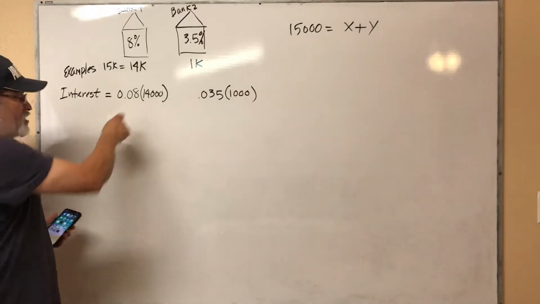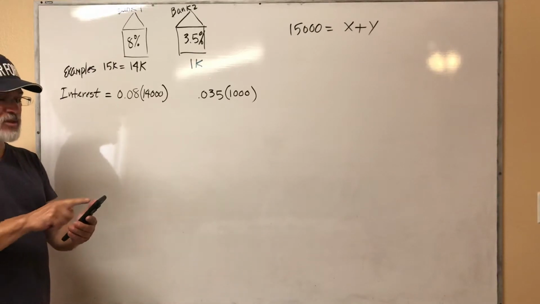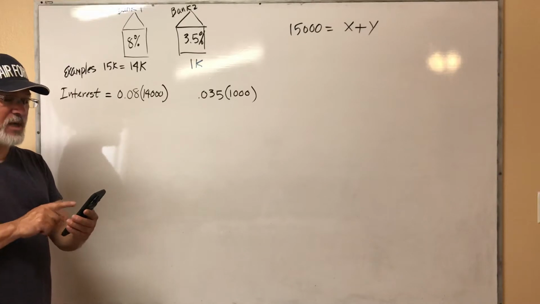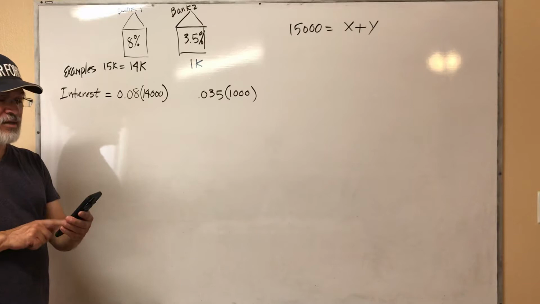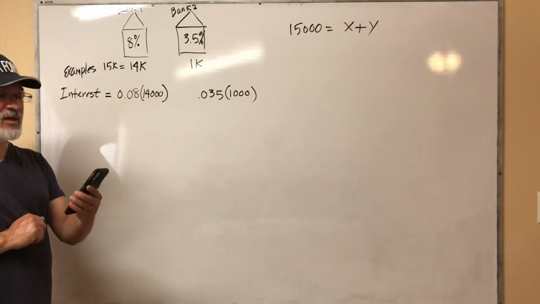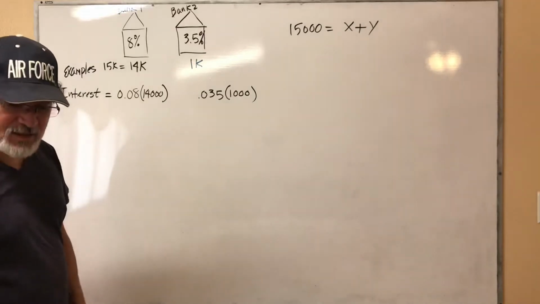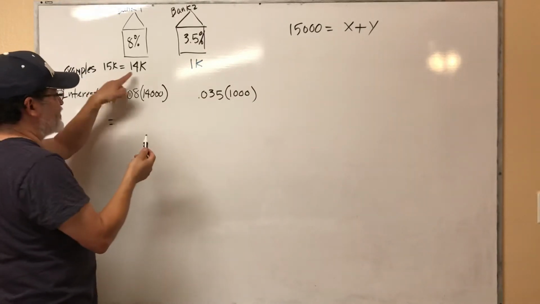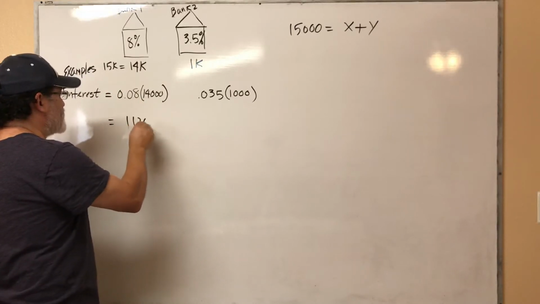Okay, you can multiply how much was earned here in bank 1. All you have to do is say 0.08 times $14,000, and that's 1,120. The interest in bank 1 at this amount is 1,120.